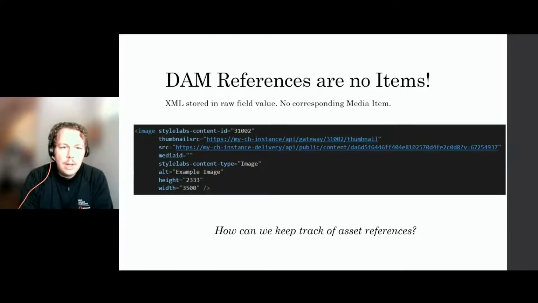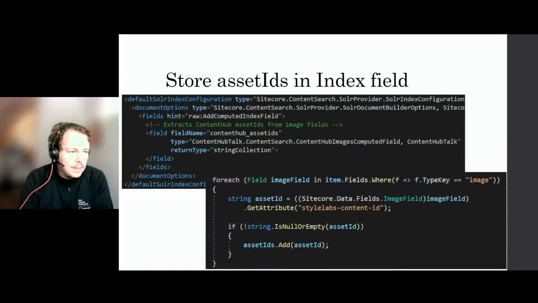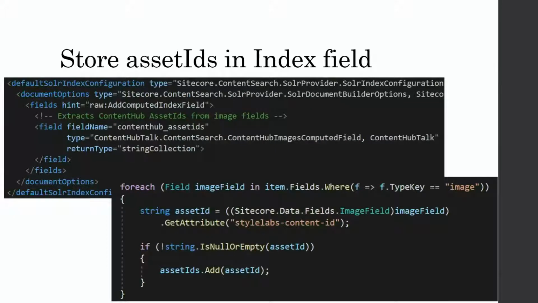So what we can do is we can store these assets in an index field. I'm sorry, this is a bit code heavy. I hope you can read it on the screen. So basically what this code snippet does, we hook a computed field into the Sitecore master index, and this computed field iterates through every field, and if it's field type image, it's going to read the XML attribute Stylelabs content ID, and it's going to add it to a list.